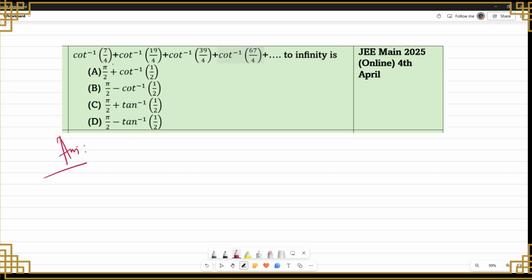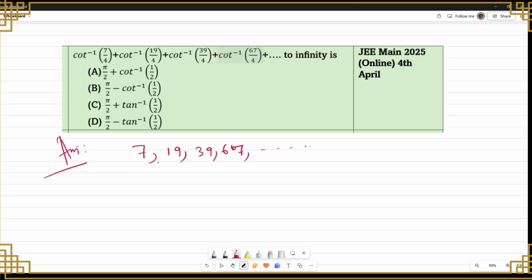We just see that in the denominator there is no change. The numerator is going to change. 7, 19, 39, 67, like that. Those are changing.